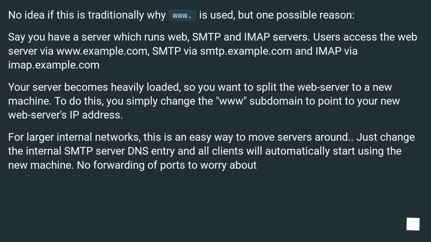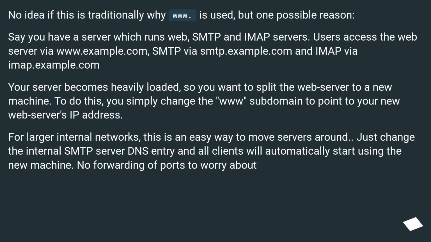Your server becomes heavily loaded, so you want to split the web server to a new machine. To do this, you simply change the www subdomain to point to your new web server's IP address. For larger internal networks, this is an easy way to move servers around.